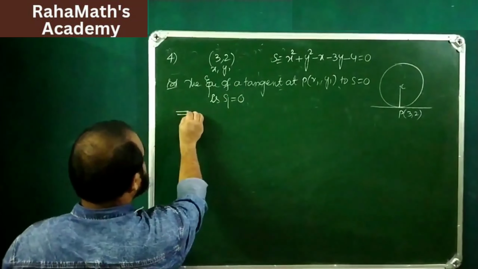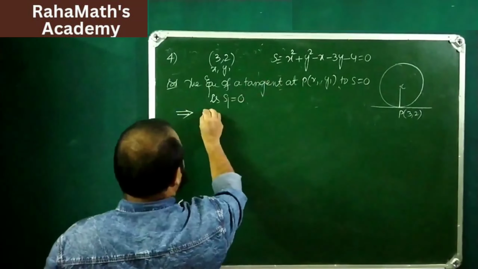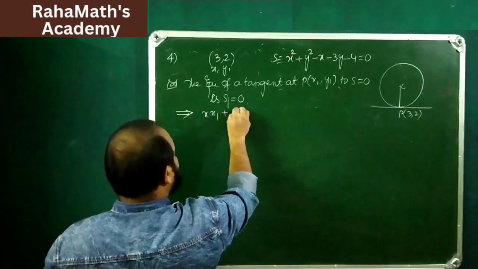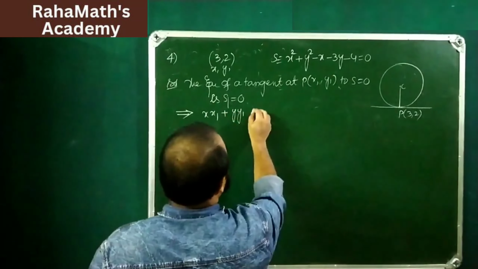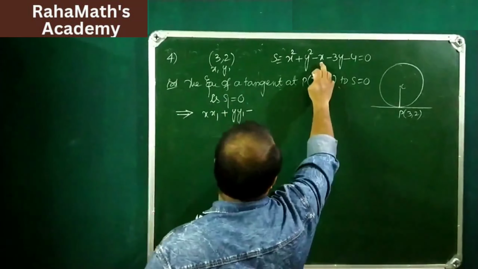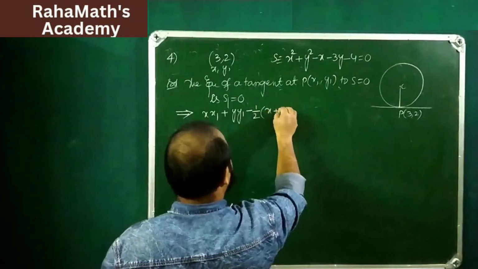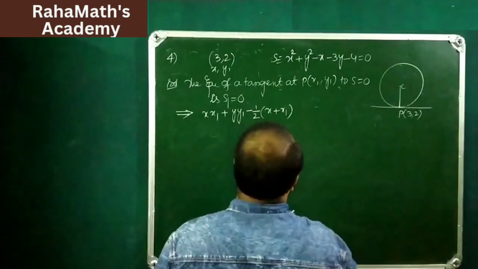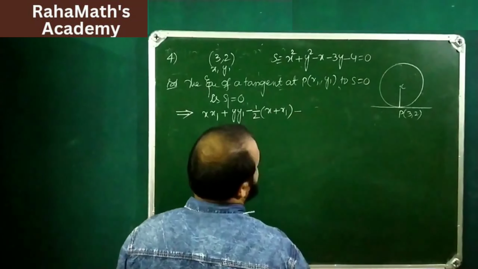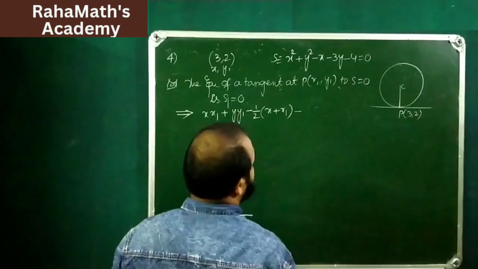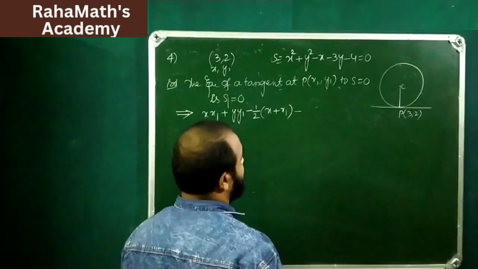That implies xx1 plus yy1 minus half of the coefficient of x, into x plus x1, minus, the sign is the same, it is not going to be changed; in the center it will be changed.